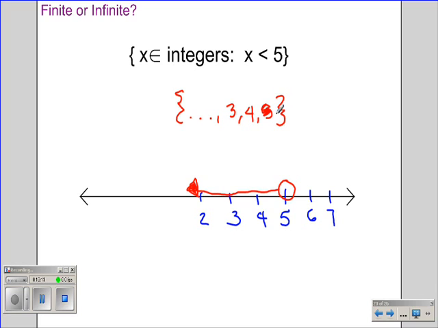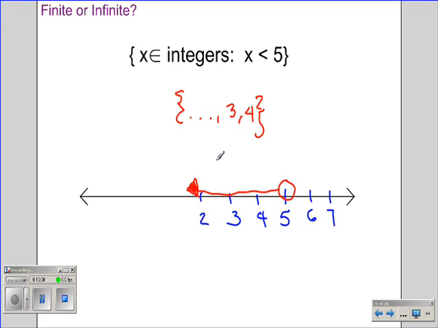Actually, 5 would not be included in this set because I want only integers that are less than 5. So it would be starting with 4, 3, 2, 1, -1, and so on.